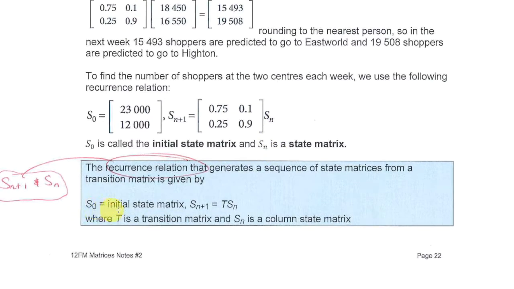So S0 is the initial state matrix, S of n plus 1 is that transition matrix multiplied by Sn, which is the state immediately before S of n plus 1. As an example, if we want to work out how many shoppers were at each of the shopping centres after 23 weeks, we'd simply have S23 equals T being multiplied by S22.